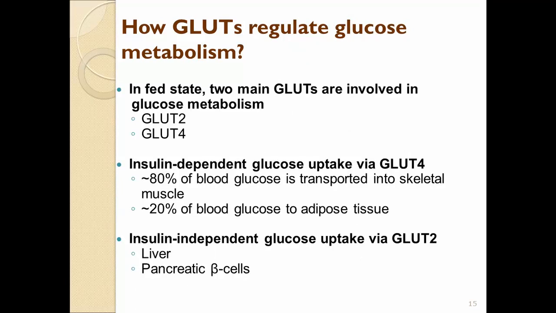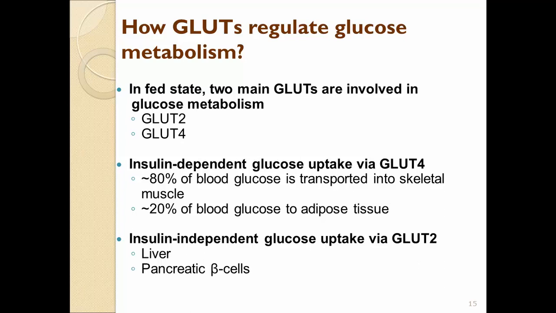So actually in the fasting condition, the glucose transport activities should be lower, particularly glucose transport activity in muscle and adipose tissue, because of lower insulin.